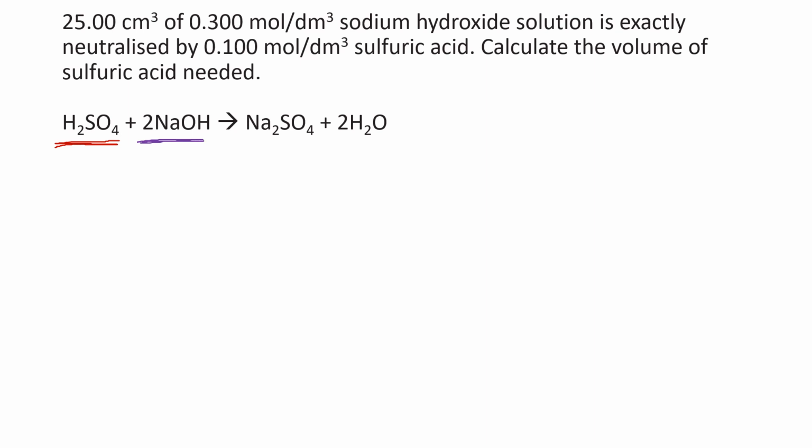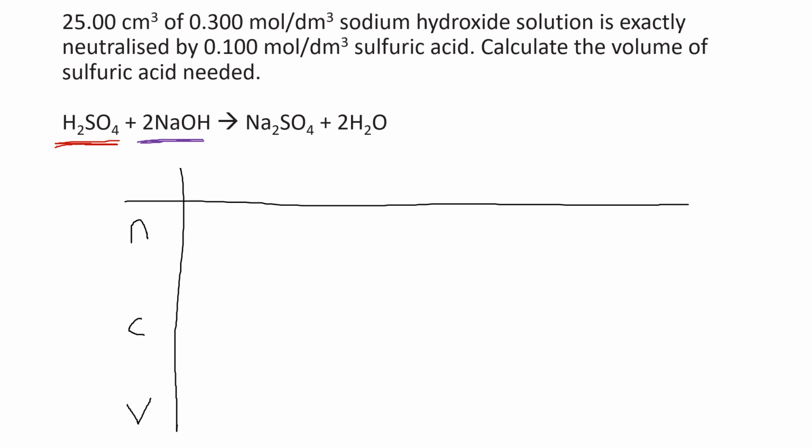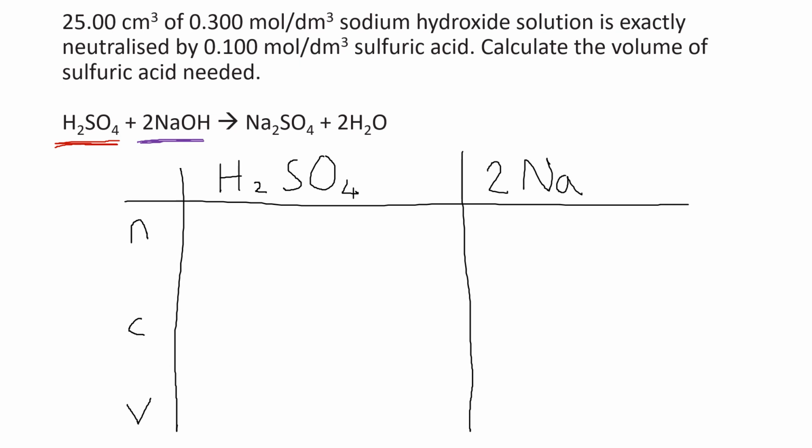So let's make our table, same as before, N, C, and V. And then you put the H2SO4 in the next column. And then 2 lots of NaOH in the third column. And then what we'll do is exactly the same as before. We'll go through and fill in everything we know from the question.